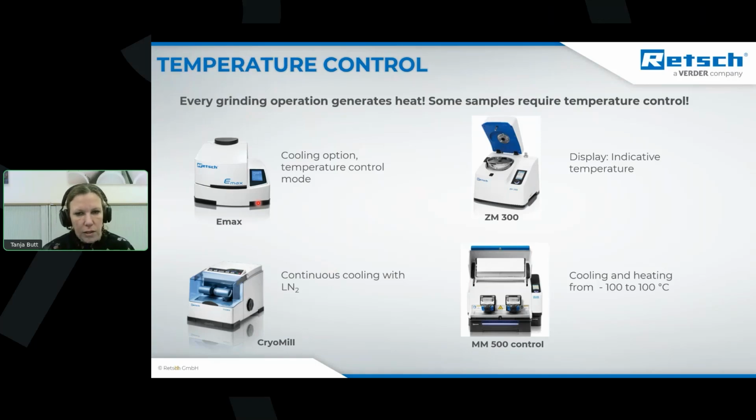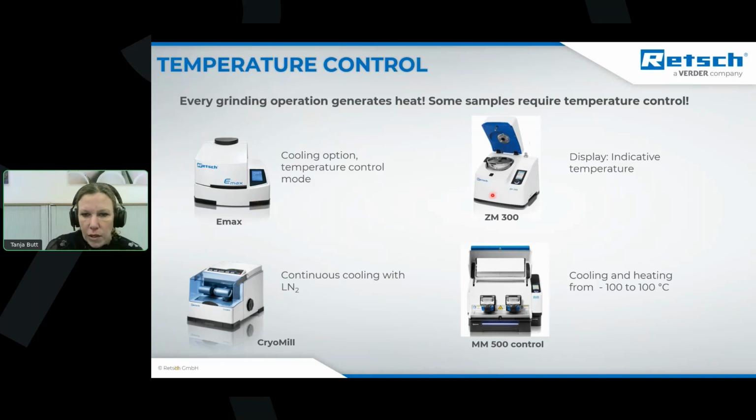Then it stops grinding and it starts grinding again with a lower limit, maybe 60 degrees when you tell it. So it only grinds between 60 and 80 degrees. So you can be sure that it is not getting warmer than this, and that not too much time is given away with too long cooling breaks in between, for example.